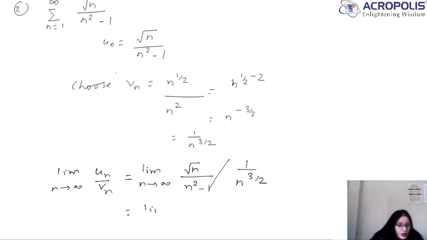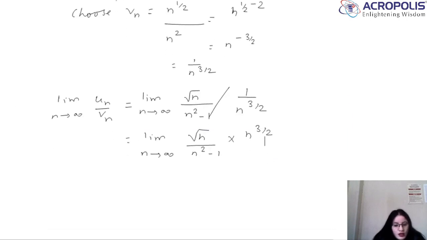On rearranging the terms, root n divided by n square minus 1 into n to the power 3 by 2. Here, if we directly substitute the limit, then we get infinity by infinity.